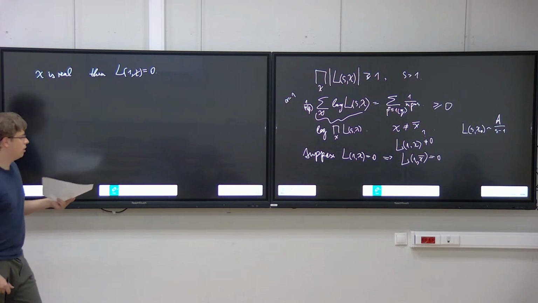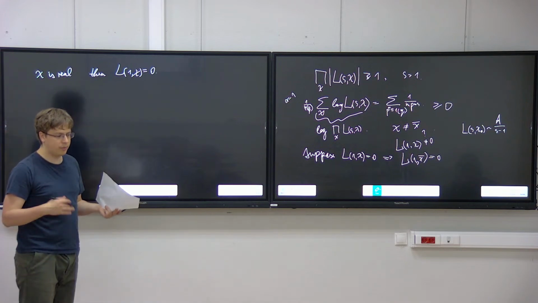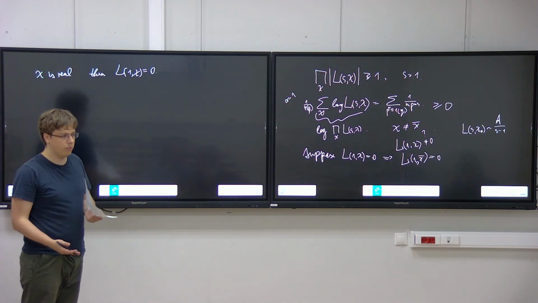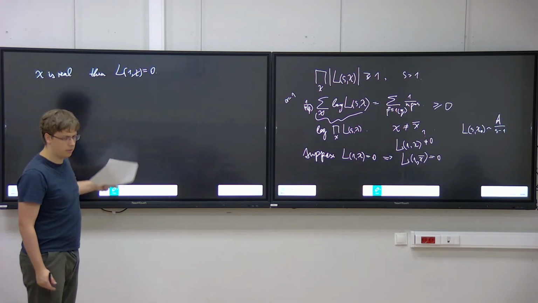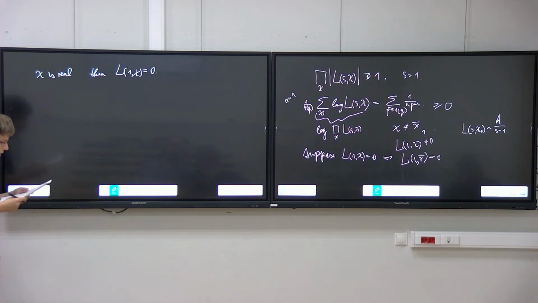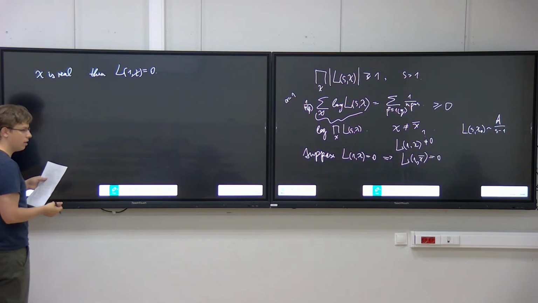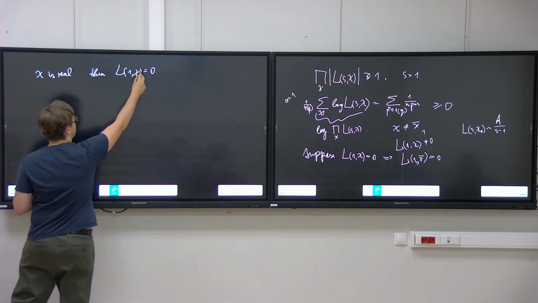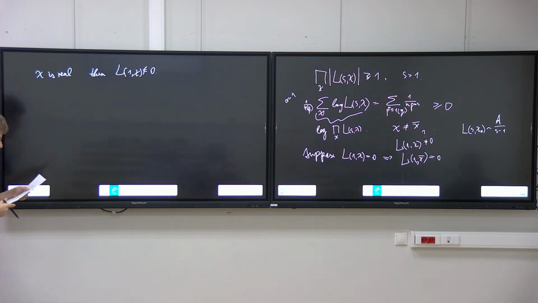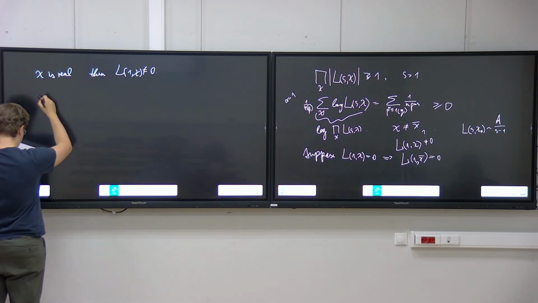Okay, and there are different proofs. On the previous seminar, we didn't solve the problem, but there was a problem to prove this theorem, that it is not equal to zero. And now we have another approach, analytic.